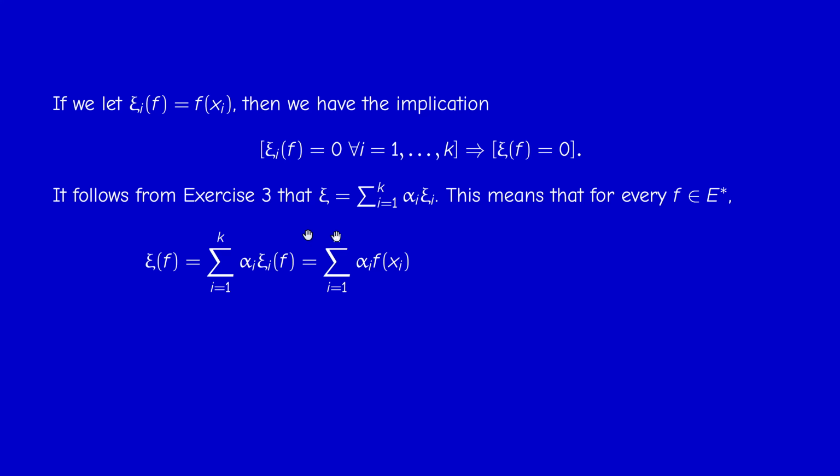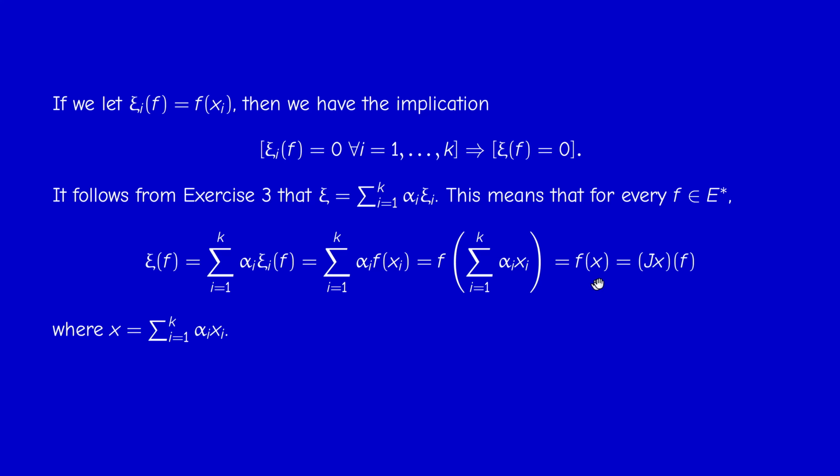And so I just go back to the definition. Xi i of f is just f of xi. And by linearity, the linear combination of the images is the image of the linear combination because f is linear. And now I just call this x. So if I call this linear combination x, I just write f of x, and this is just J x of f.